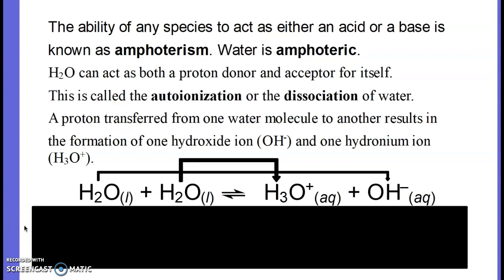It can take them, and when something has the ability to be either an acid or a base, this is what we call amphoterism. Water is amphoteric. That means it can donate a proton or it can accept it. It has a proton to donate. It has two lone pairs.